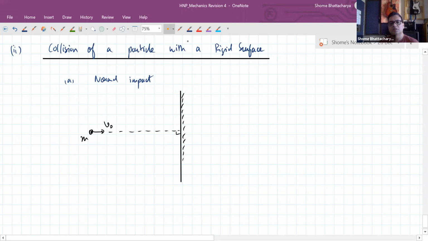So when this happens, then at the impact point, the collision impulse will act along this line only. So it will transfer momentum in the same direction. So the particle will, after impact, end up moving with some velocity v like this after impact. So the separation velocity will just become E times the approach velocity.